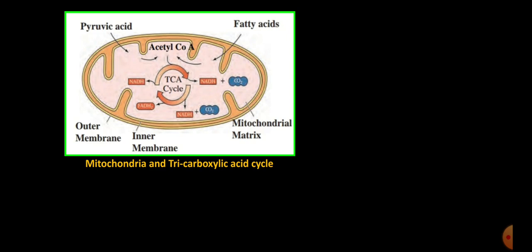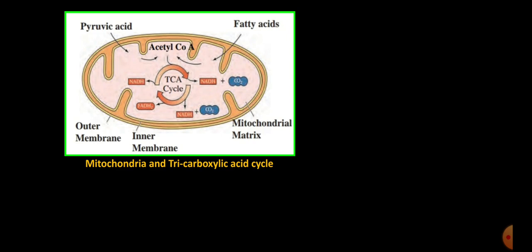Thus, it is called the powerhouse of the cell. And the function of mitochondria is the same, to produce energy in the form of ATP, and at the same time it also synthesizes the carbohydrates, proteins, lipids, so that it can produce energy.